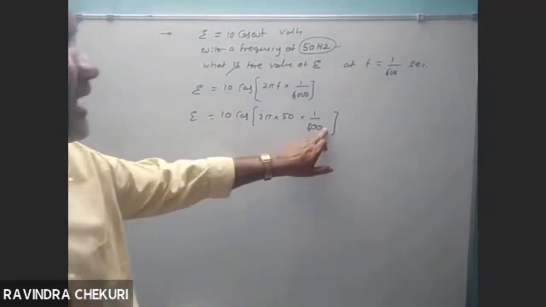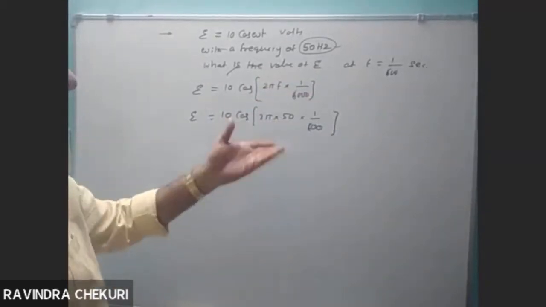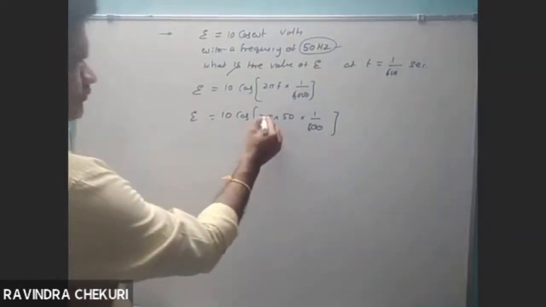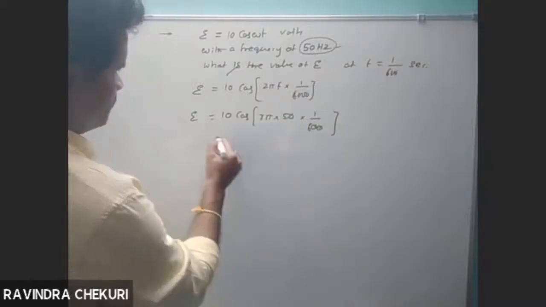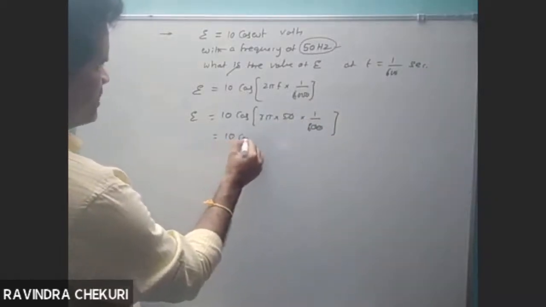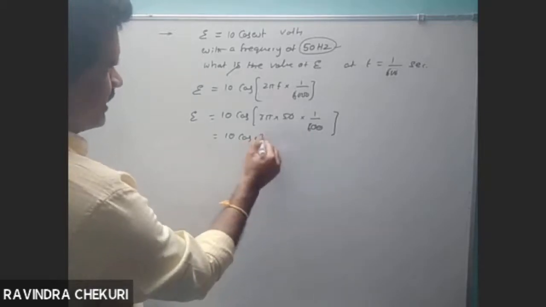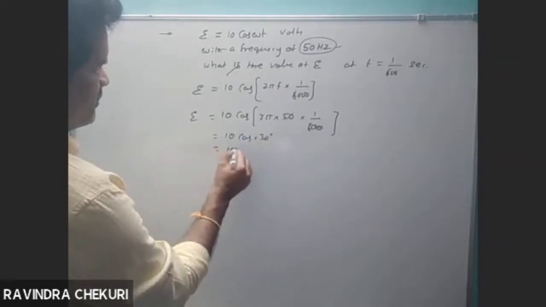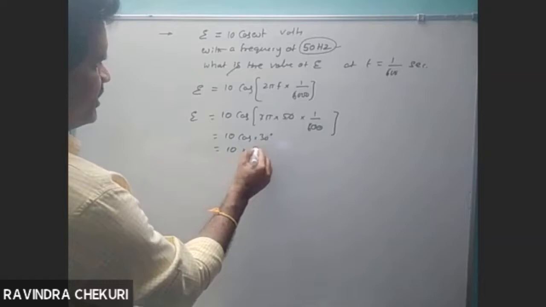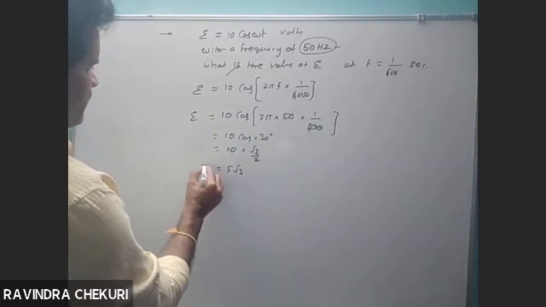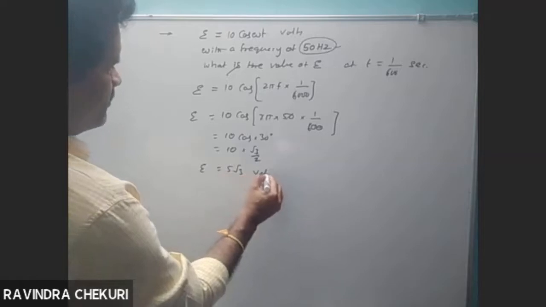Otherwise, if it is 1000, some different values are there based on the options. So 10 into cos 30 degrees, 10 into cos 30, which is root 3 by 2, so 5 root 3 volts.